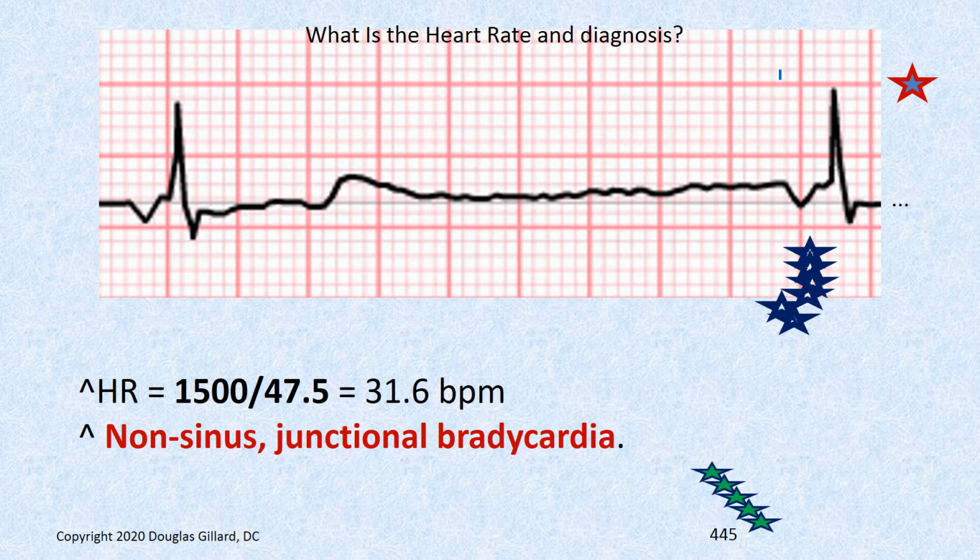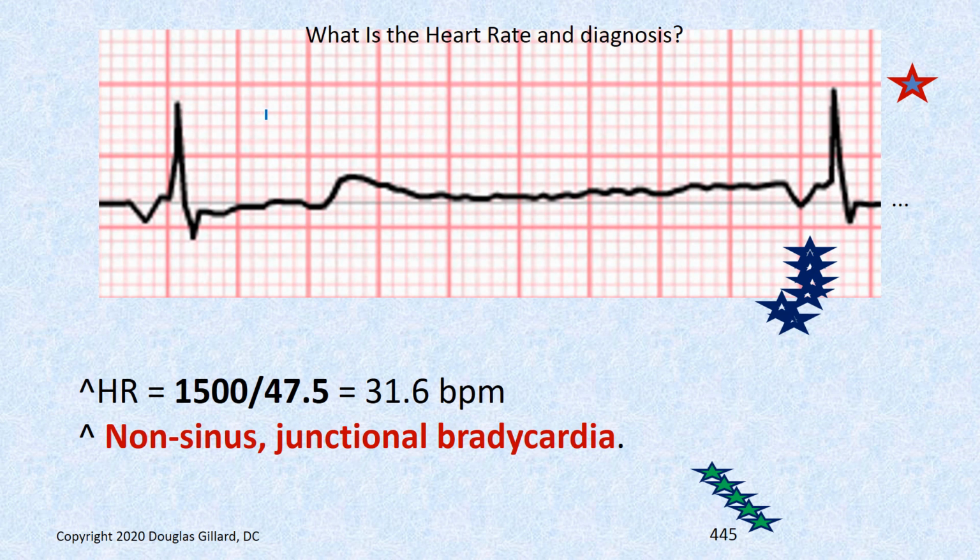Let's try it. I think this is the same one we were looking at before. So that's 5 little boxes, 10. Remember, one big box is 5 little boxes. So it's 5, 10, 15, 20, 25, 30, 35, 40, 45 plus 1 is 46. And 47, I don't know how I counted that.